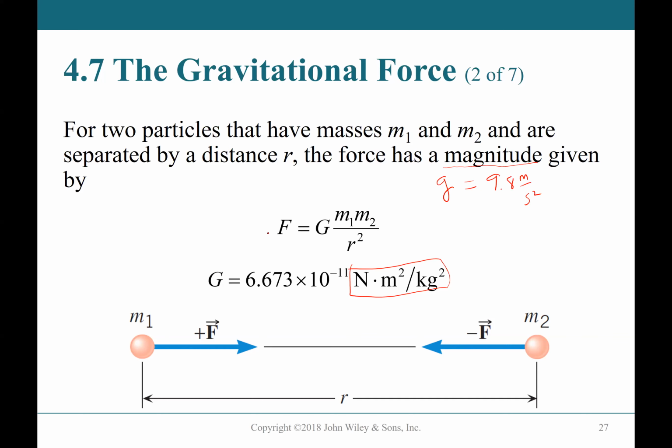I would just simply multiply big G times M1 times M2, get that product, and divide it by the distance between them squared. Now this distance between them in this equation is called R, but R simply means the distance from center to center.